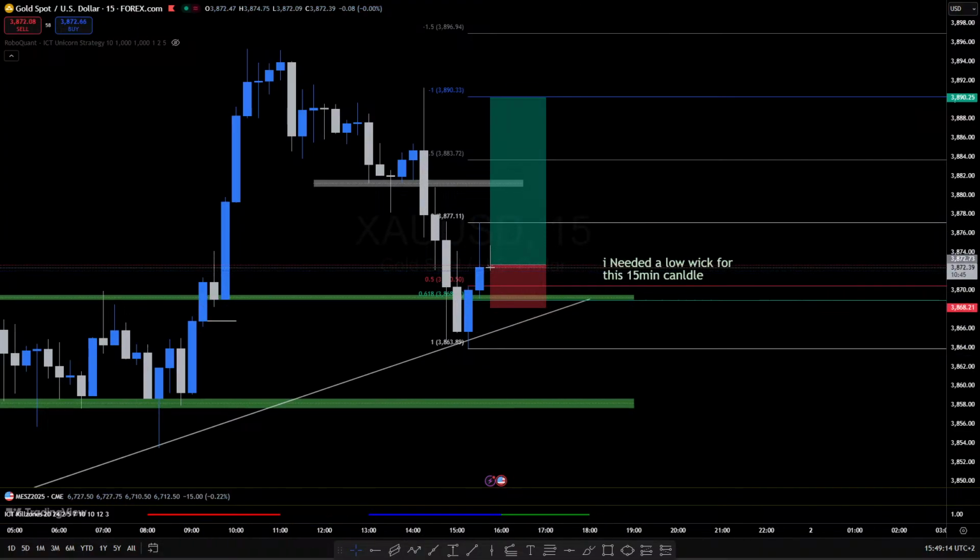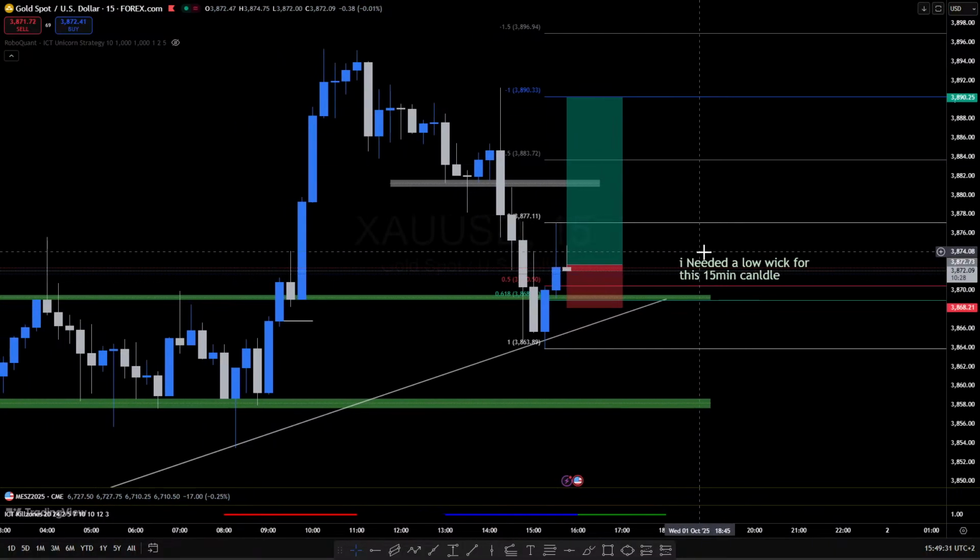It just dropped through that first percentage fair value gap. Today's going to be also seek and destroy. Okay, cool. Now we are getting some wick around here.